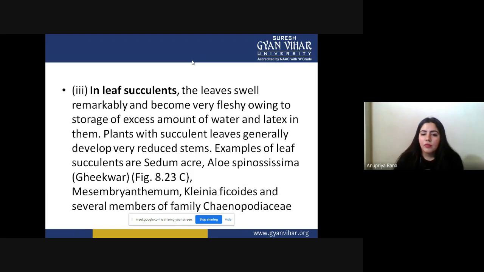Examples of succulent leaves are Aloe, Agave, Kalanchoe, or several members of the Chenopodiaceae. These are some examples of leaf succulents in which the leaf becomes a fleshy organ and stores water.